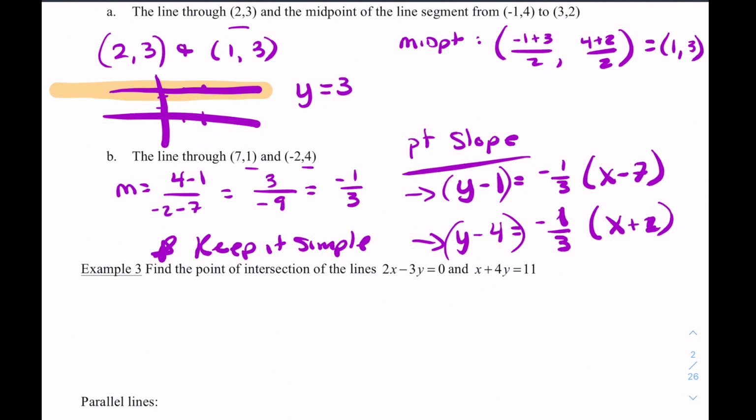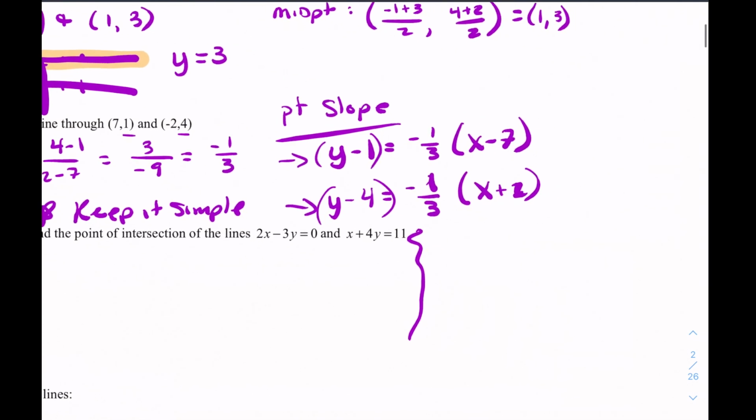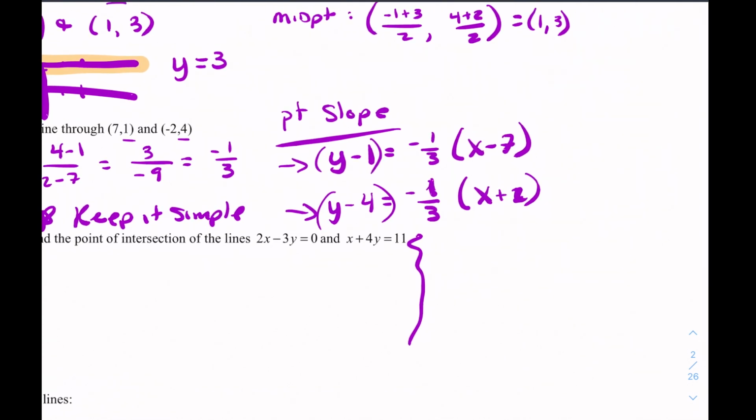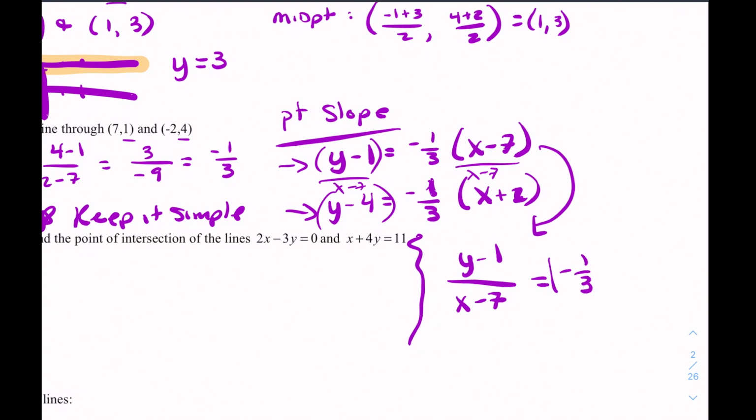You don't have to. Here's also, just as another quick aside, if you ever wonder where point slope form comes from, I'm just going to divide both sides, this first equation down here, by x minus 7. And if we have y minus 1 over x minus 7 equals negative 1/3. That's our slope. Here's the difference in the y's, and here is the difference in the x's.